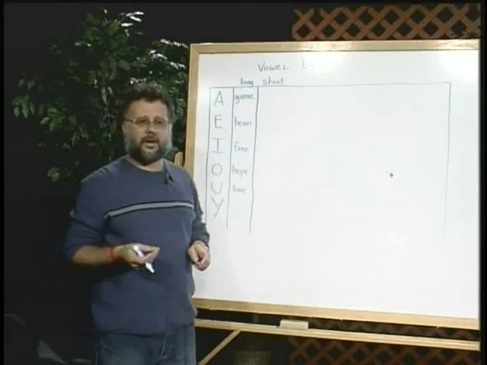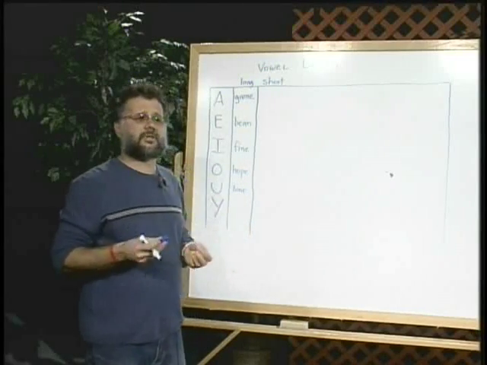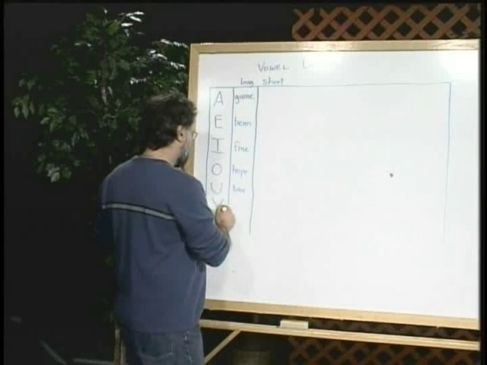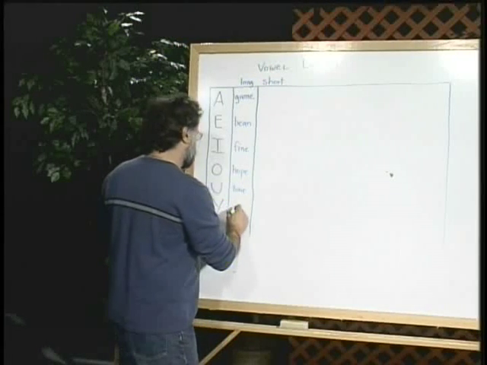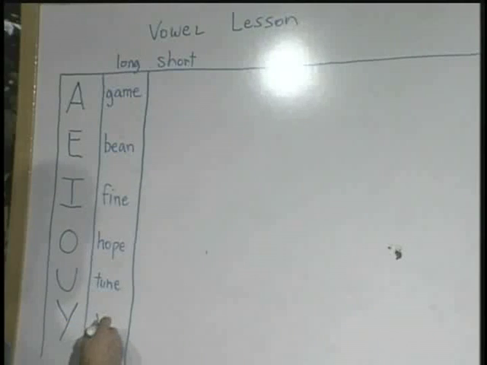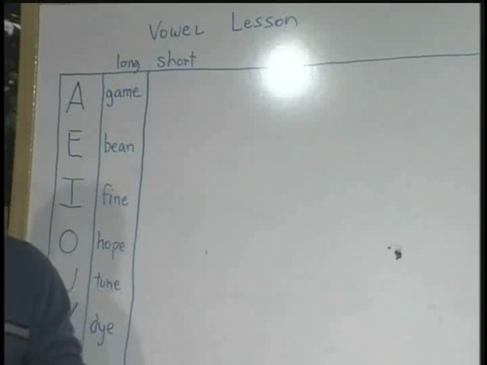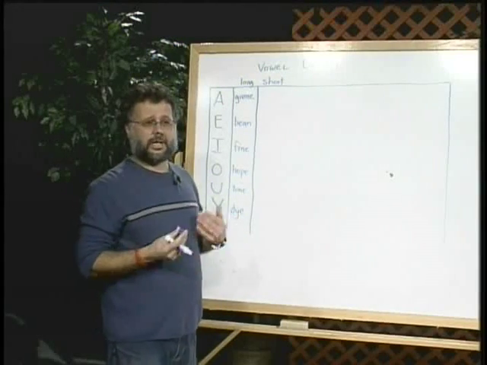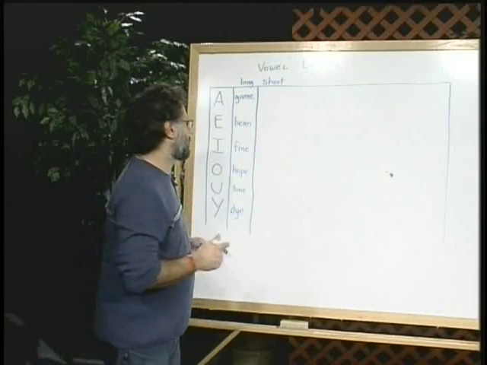So again, the long vowel sounds match the name of the vowel letter itself. All right, and of course we sometimes have Y. The long vowel Y sounds like the letter I, die. All right, so we've already got 5 sounds here. So in Spanish, that's all you have to contend with. Everything else from here on in is an addition to the people who are learning English from the Spanish language.